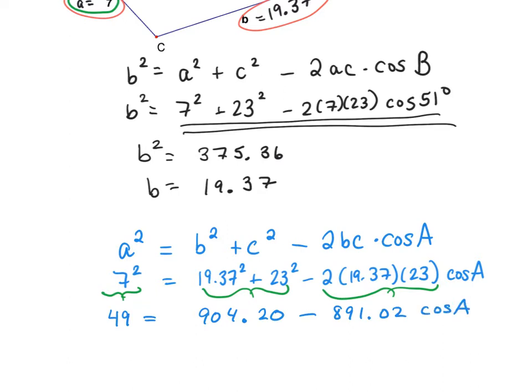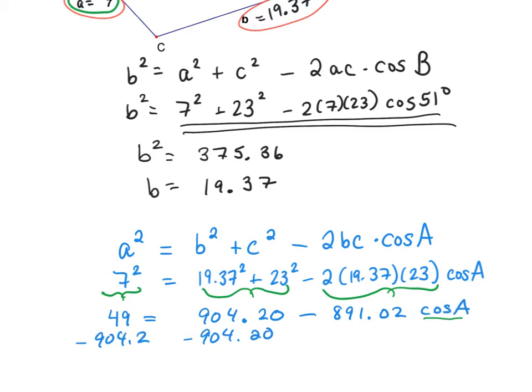Now you have to be very careful at this step, because what a lot of people will do is they will just subtract these two numbers, but you cannot do that because you have this cosine A at the end, which works kind of like a variable. So the key here is we'll actually subtract the 904.2 from both sides.